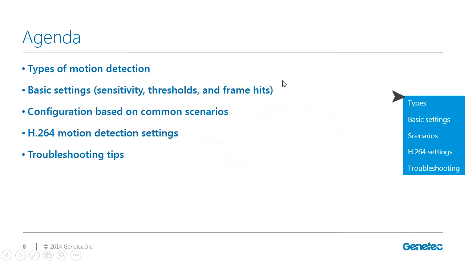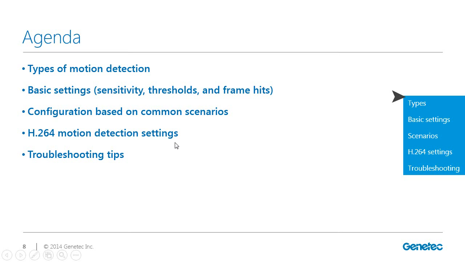Going over the agenda for today, the first thing we're going to look at are the types of motion detection, such as on the unit versus the archiver, and full screen versus using zones. After that, we're going to take a look at the basic settings and how they affect motion detection results. And next, we've taken 4 common scenarios that cause problems, and we're going to look at how to set up the motion detection to get around those issues.